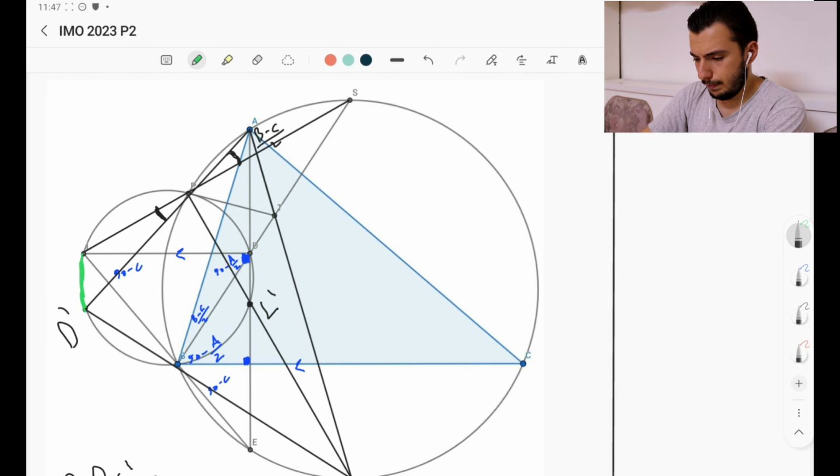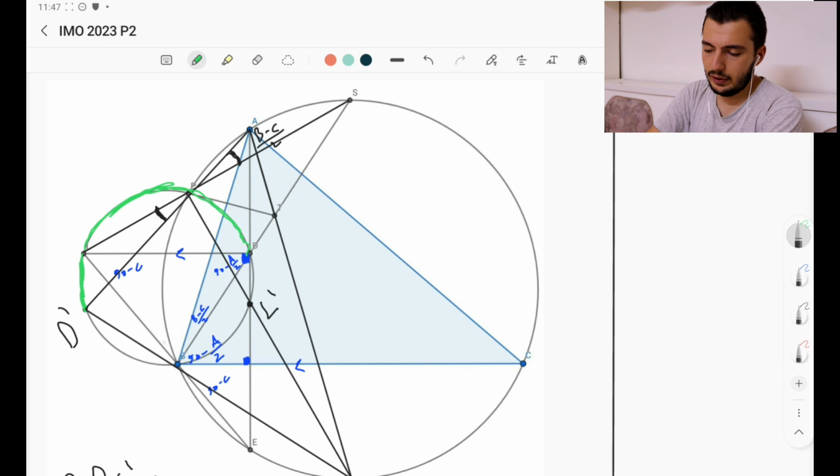Let's think about it. Okay, we already have here a diameter, 90 degrees. So we simply just need to find this, right? If we can find this here, then we'll just have 90 minus this. And guess what?